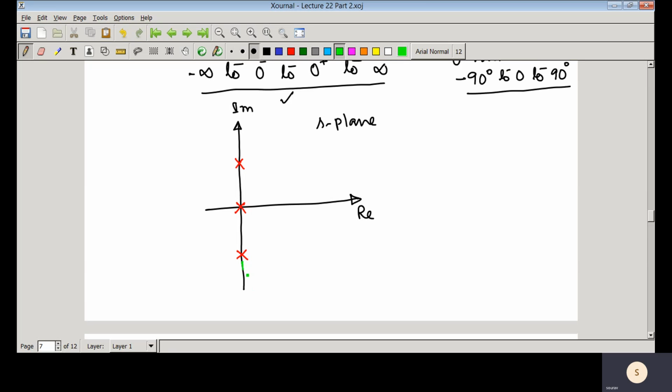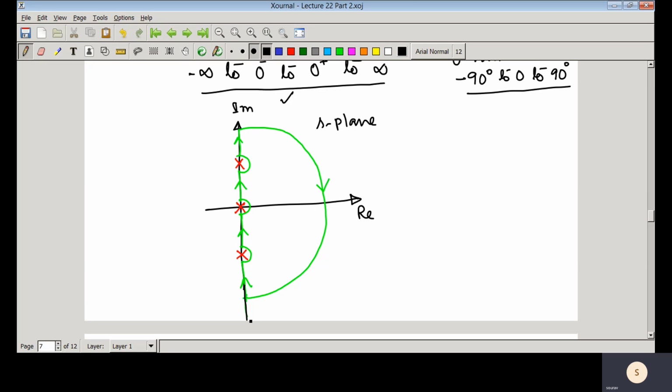The Nyquist contour would be like this. There will be one small semicircle to exclude that point, then another one, and this is actually the Nyquist contour. So do not forget to mention that arrow. So this is the Nyquist contour.